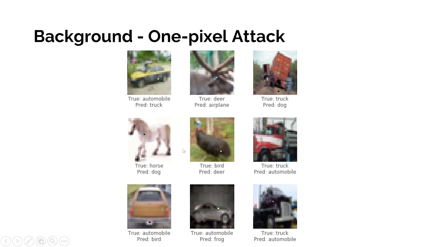So the one pixel attack is an extreme case of adversary attack. You can change only one pixel of an image, and you can change the output of this machine learning model. So it is very hard to defend against this kind of attack.